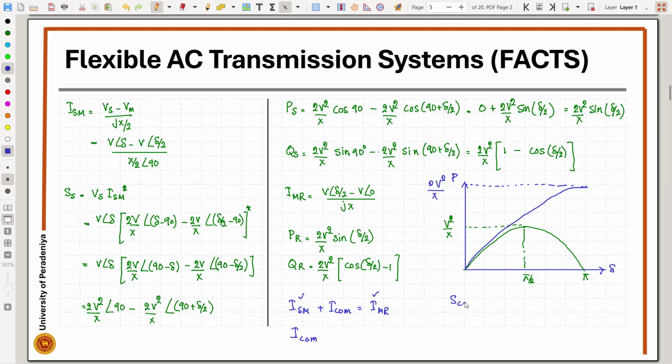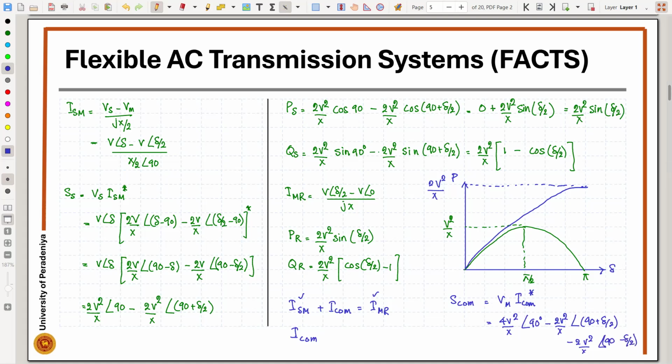And once we know the compensator current, we can find out what would be the compensator power consumption. So we have the S compensator, that would be equal to the middle voltage times the compensator current conjugate, and this is going to be equal to 4V squared over X angle 90 minus 2V squared over X angle (90 plus delta by 2) minus 2V squared over X angle (90 minus delta by 2).